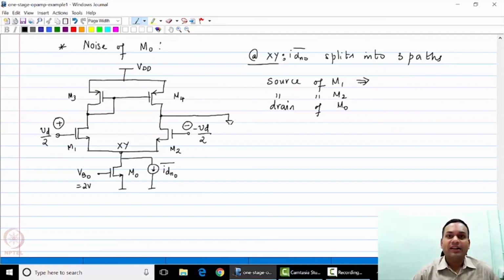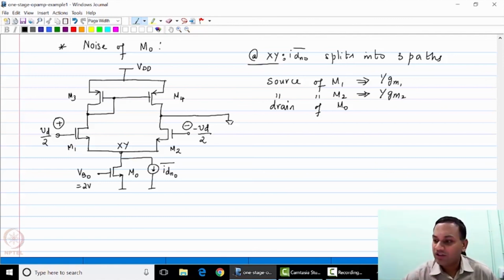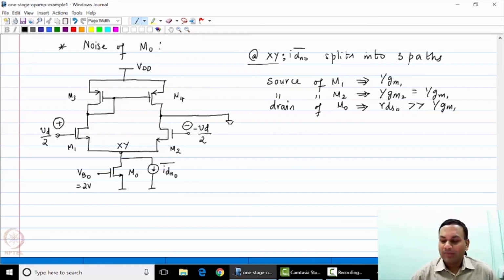The impedance looking up at the source of M1 is approximately 1 over GM1, which is a very low impedance node. The impedance looking up at the source of M2 presents an identical impedance 1 over GM2, which is equal to 1 over GM1. And finally, looking down to the drain of M0, you see a resistance RDS0, which is much larger than 1 over GM1.